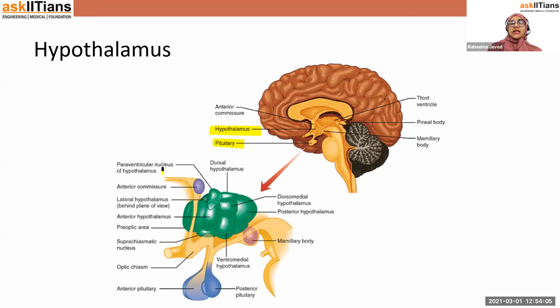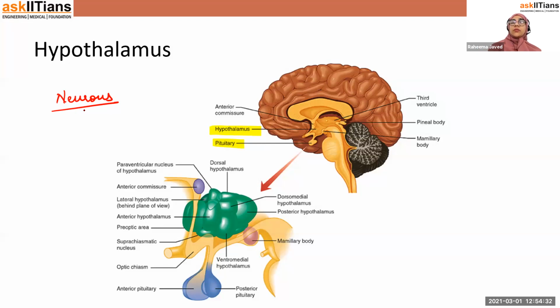Inside the hypothalamus, there are neurons. The secretions of the anterior pituitary receive signals from the neurons of the hypothalamus, and that is how they produce their secretion.